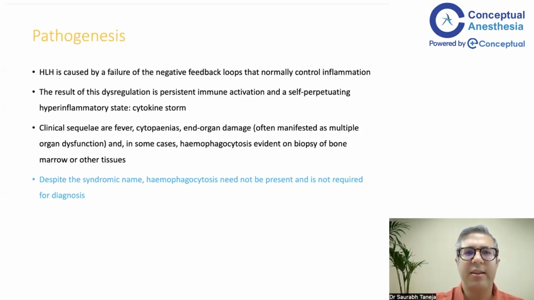The clinical sequelae that you can see are fever, cytopenias, usually at least bicytopenia, and end organ damage, so various organs like the liver and the kidney can get damaged. In some cases, hemophagocytosis is evident on biopsy of bone marrow or other tissues. Remember, despite the syndromic name of HLH, hemophagocytosis need not be present and is not essentially required for the diagnosis. Again, this can come as an MCQ.